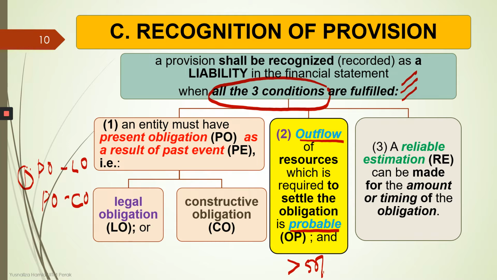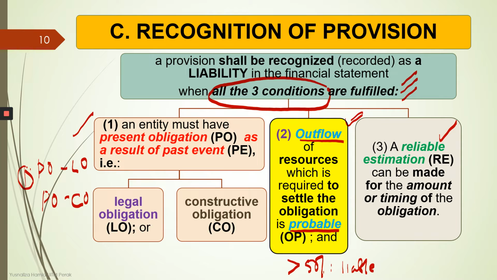Probable means it's likely that the company are going to settle the amount required for the obligation. So more likely to settle, meaning that 50% to be held liable. Outflow is probable. This must be met. The third one is reliable estimate.